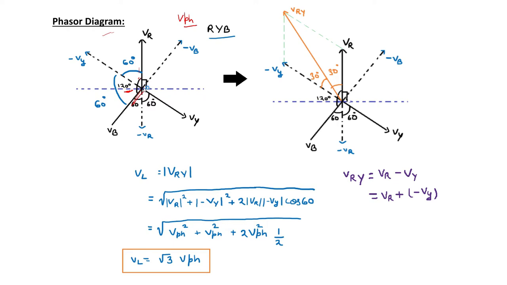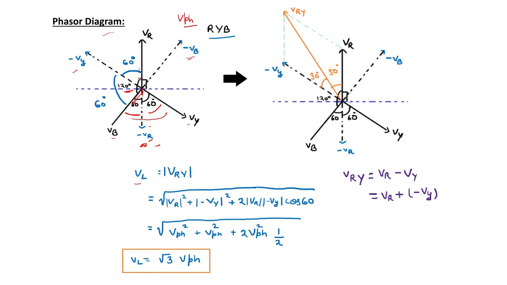Now we extend this VR in the opposite direction like this. Then we get minus VR, and similarly we will get minus VY and minus VB. Here you can see that the angle difference between VB and minus VR is 60 degrees, and similarly the angle between VY and minus VR is 60 degrees. So this minus VR is acting like an angle bisector between these two.